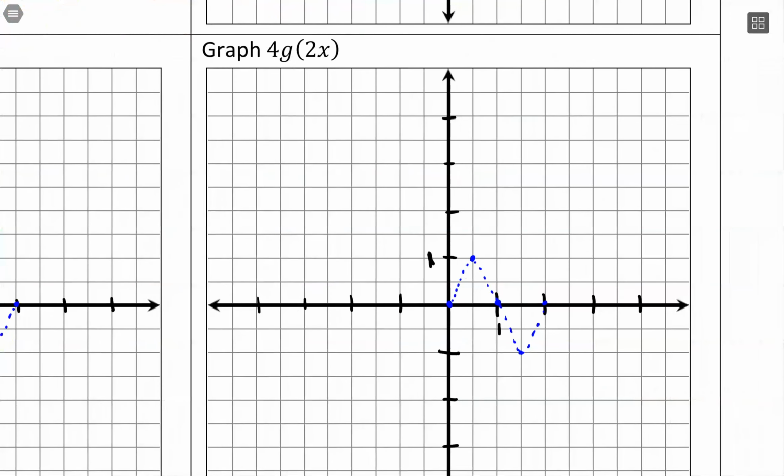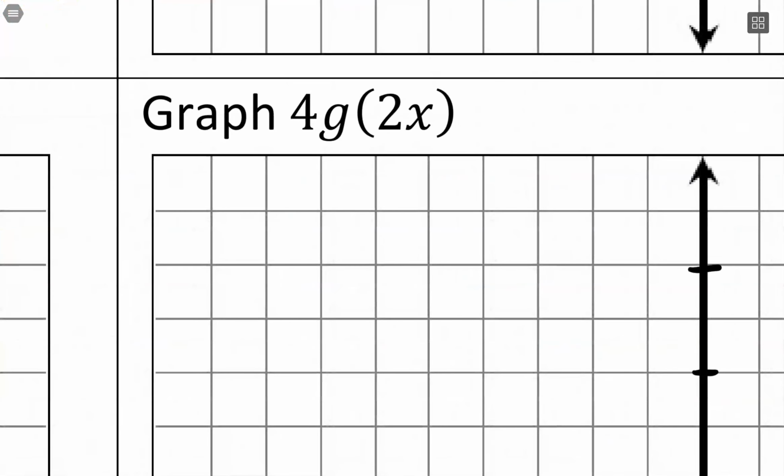Alright, last piece here. We can see we're going to have 2 stretches and compressions. We're going to have a vertical one and a horizontal one. Order doesn't matter here. You can do either way. And let's do vertical first. So first, I'm going to do that multiplication of 4. For the vertical, that's a stretch.